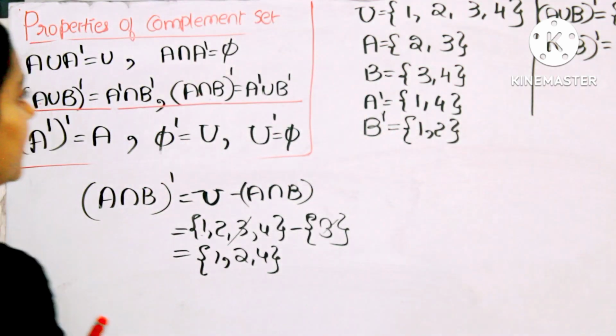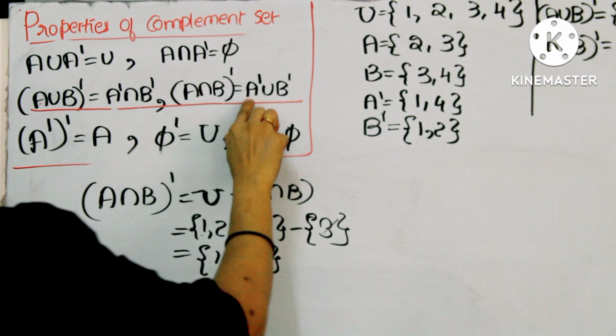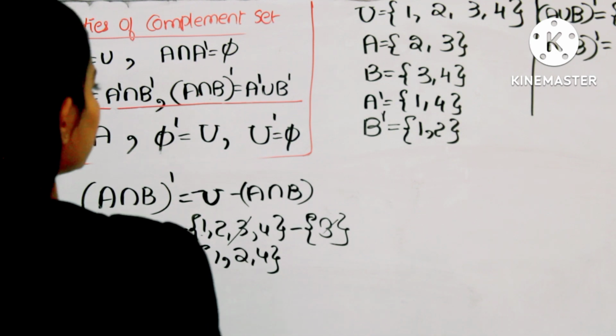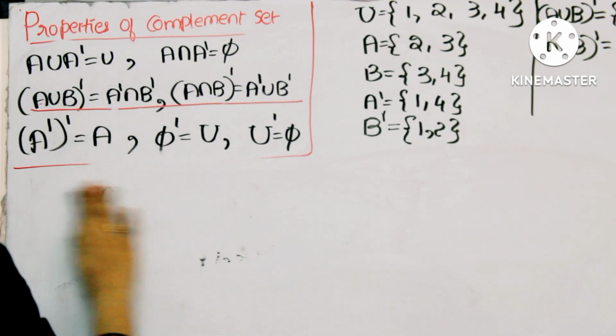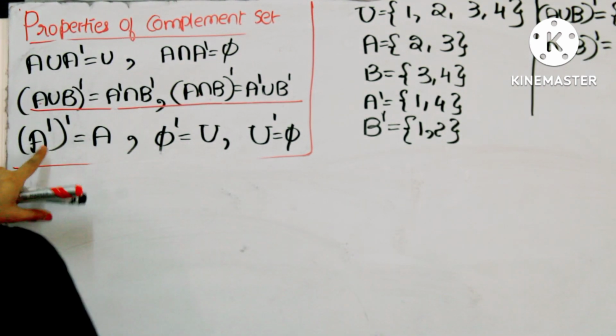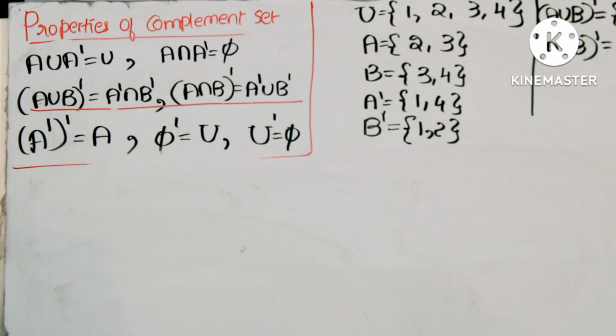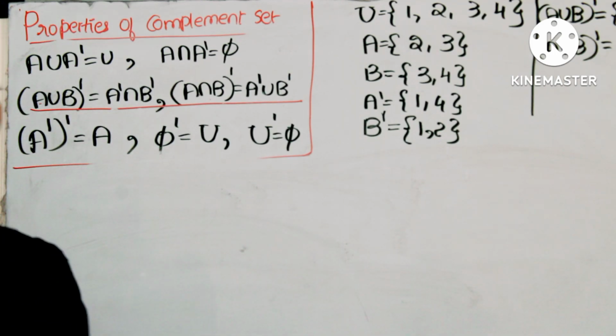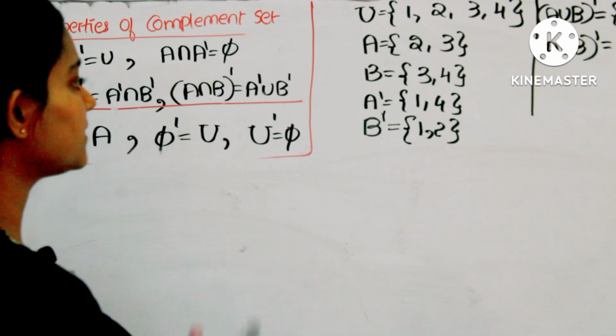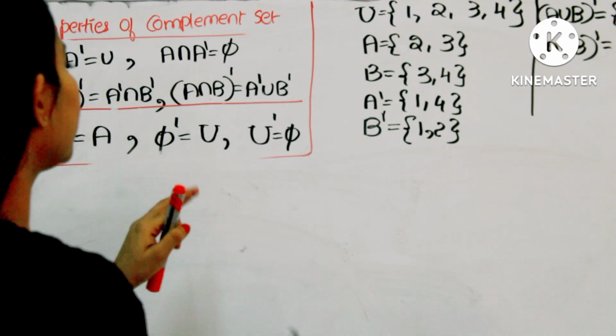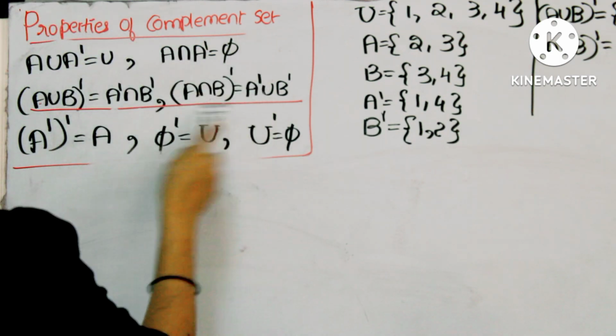Here A complement is done, B complement is also done. Next, we need the complement of complement, the complement of the empty set, and the universal set's complement. We'll prove those at the last. First we prove this one.